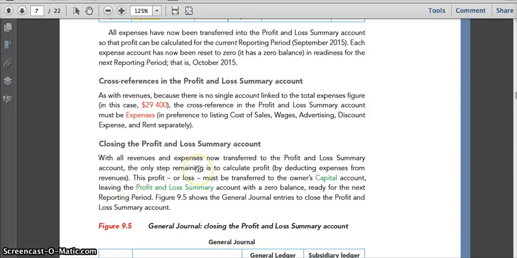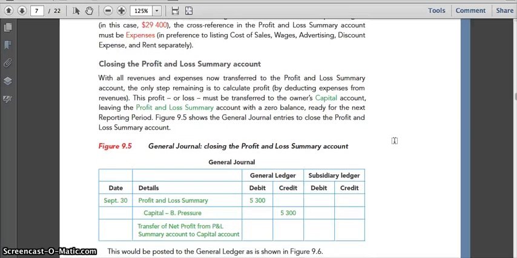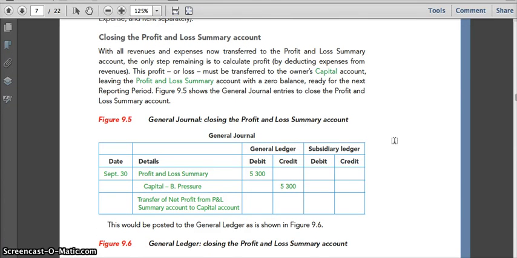The next thing to do after that is calculate the profit. So we work out whether the profit and loss summary account is in debit or credit, and then that information must be transferred into the capital account. We've calculated here that we've made a profit of $5,300.